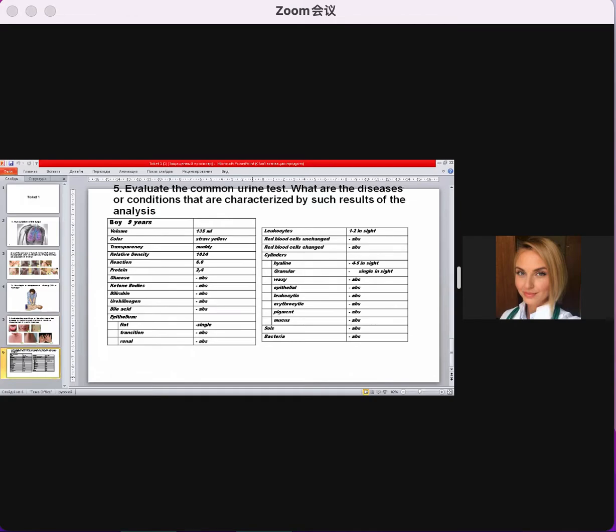Analysis. What do you think about it? Rapidly. It's muddy. And there is protein.